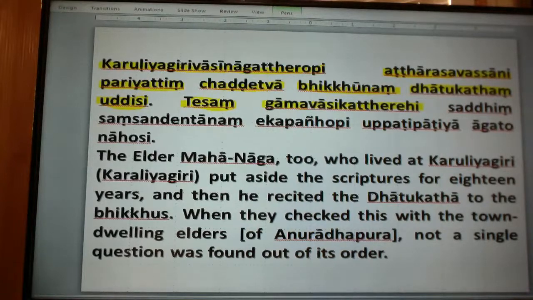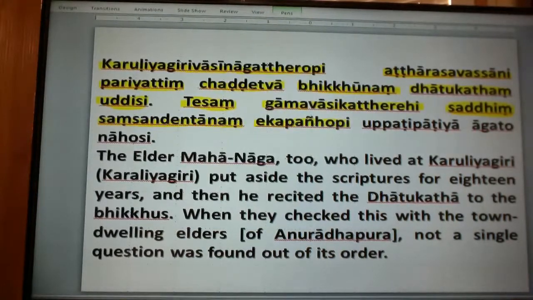So many senior monks living in this village, together with these monks, were observing what they were chanting, the Dhatukatha.